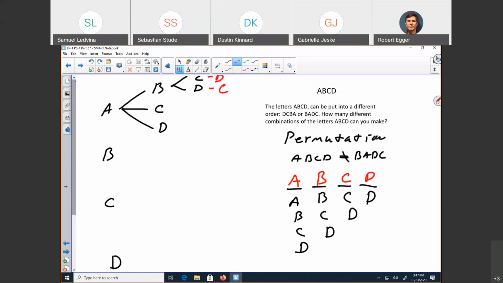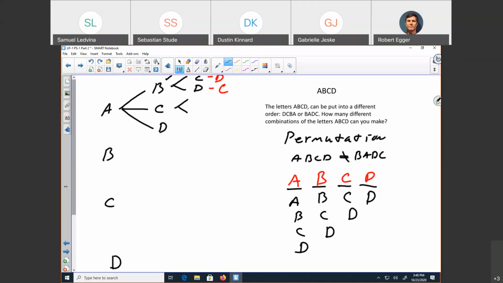And by doing these decision trees, you look at the previous step on what goes in. Here I have A, then C. Well, what's left?